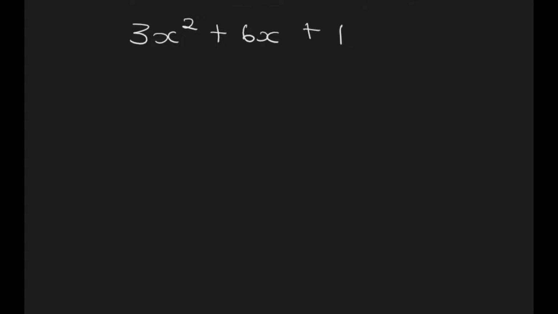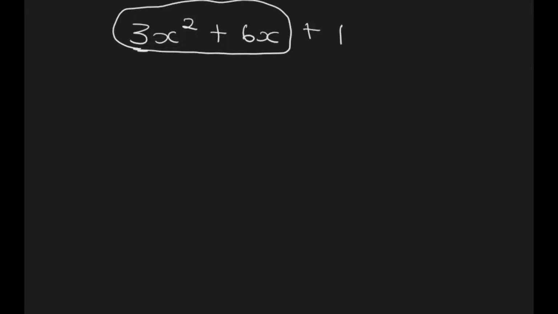Complete the square. So the first thing first, we factor out, because now the coefficient of x squared is 3 here. So we factor out 3. But we don't factor out 3 from the whole expression. We only factor out 3 from this 3x squared plus 6x.